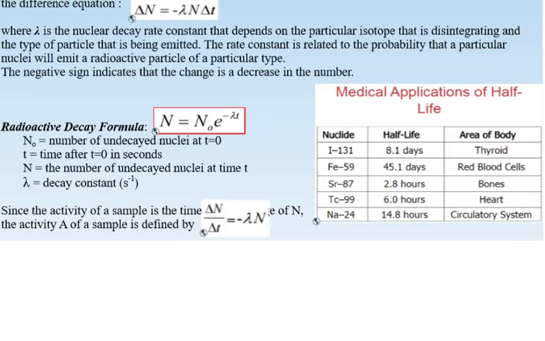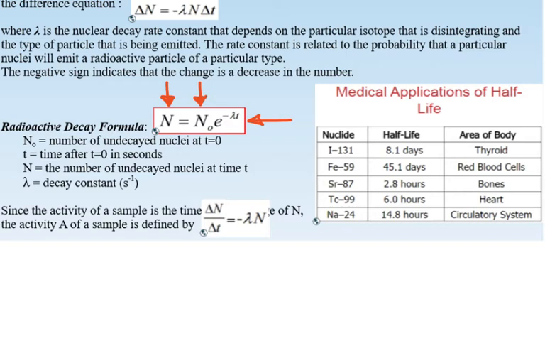So if I have to do half-life calculations, I'm going to use this formula, where N is the number of elements left and N sub-zero is the number of radioactive elements to start with.